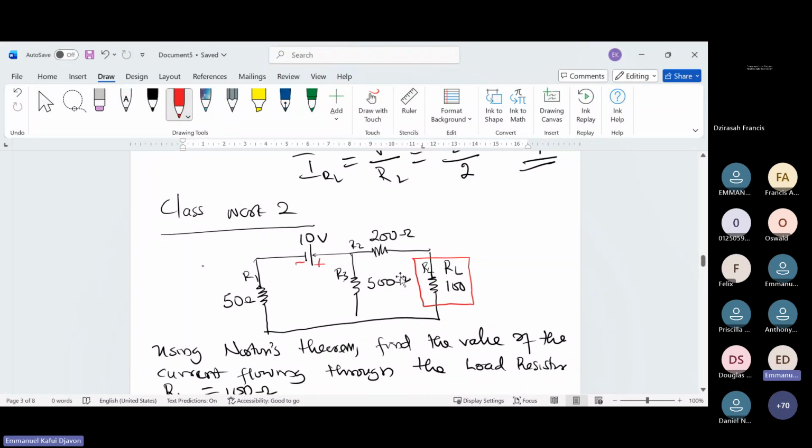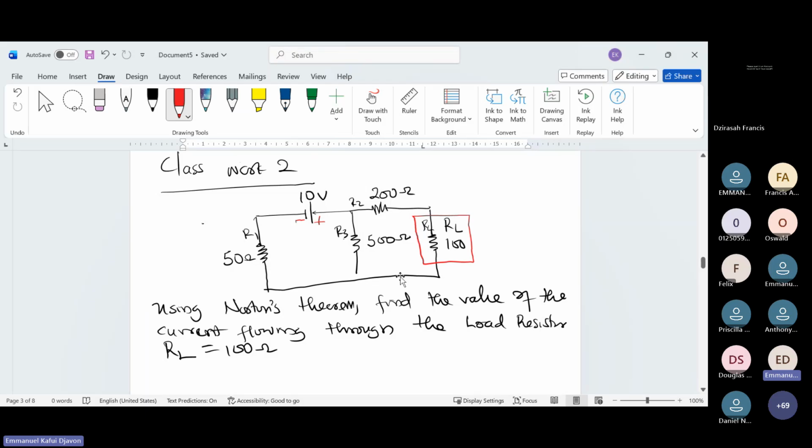So now, from the question you can see on the board, we have one voltage source, which is this. We have a node here. This is the positive, current flows from positive to negative. When you look at this side, these two resistors are in parallel. Now we have to take off this load resistor.